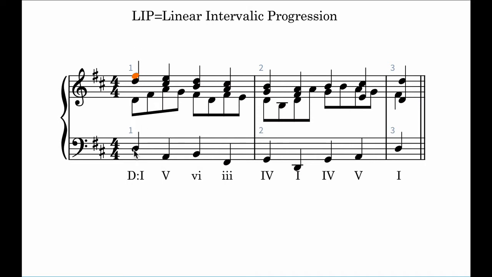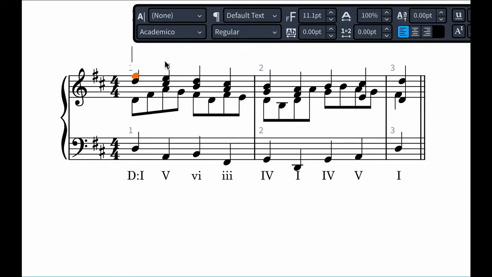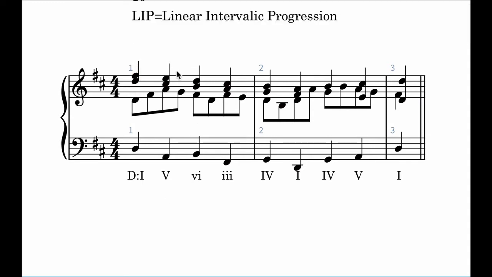So we start here with an outer interval of a tenth. In the next chord, I guess I'm not going to be able to show you the numbers. In the next chord, we have a fifth. Then in the next set, we have another tenth, and then a fifth.